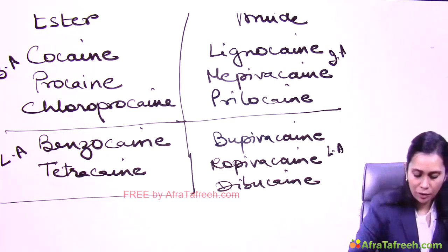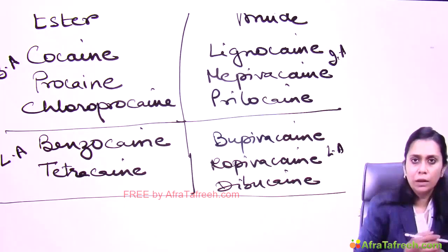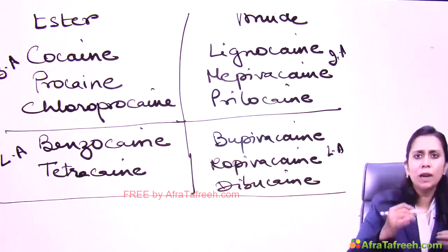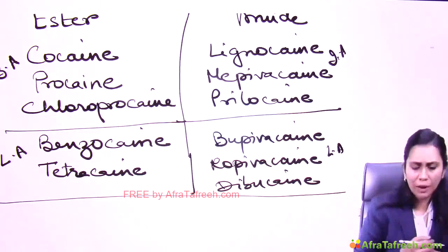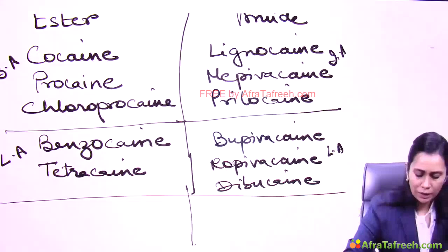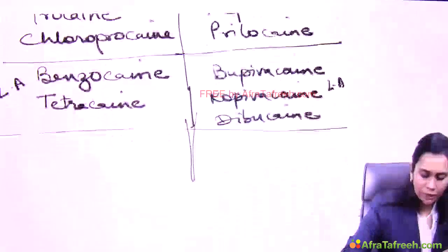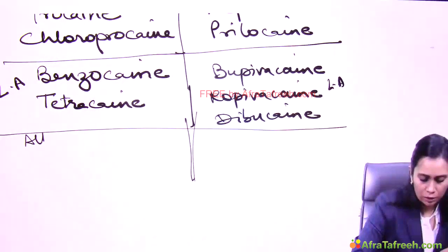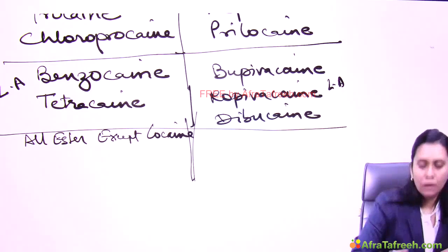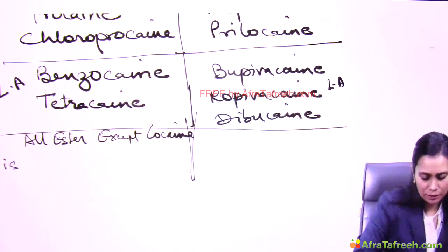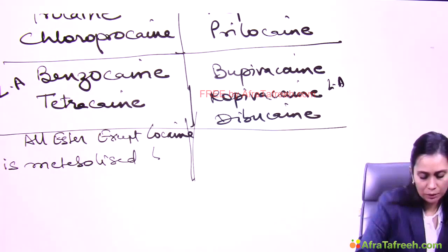Now guys, I have to discuss these drugs with you. There are some common points which I need to tell you, and unique points I will go on adding in the table itself. Okay. Now all ester LA except cocaine is metabolized by pseudocholinesterase.